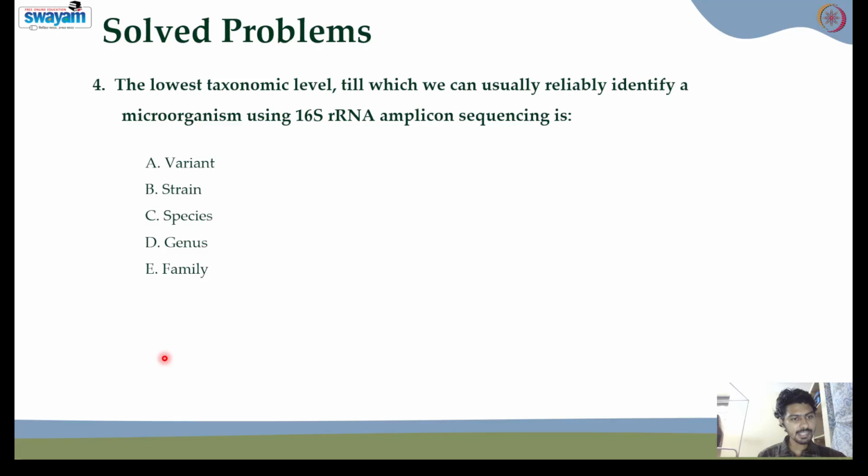So among these options, which is the lowest taxonomic level at which we can usually identify a microorganism using 16S rRNA amplicon sequencing? Now you can post your answers.